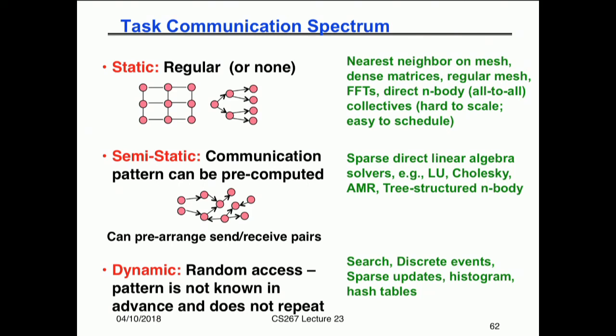In the cases where we can, we'll want to use graph partitioning: look at the graph in advance and divide it over the processors to minimize the number of communication edges that cross processor boundaries. We can have the semi-static case, where we can pre-compute what the communication pattern will be, but it's not as fixed as in the static case. And then we've got the dynamic case, where everything is completely unknown in terms of what's going to communicate with what.